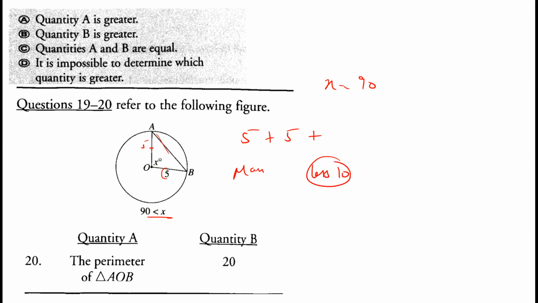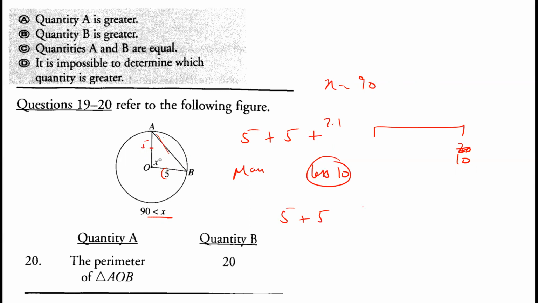Because the maximum length would be 5 plus 5, that is 10. One thing for sure, this side AB would be less than 10 and it will be more than 7.1 something.